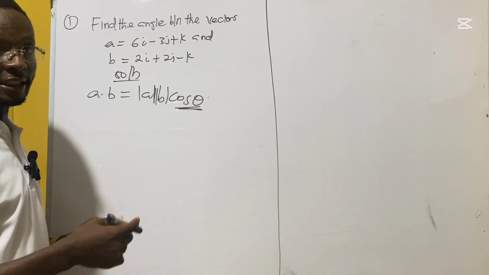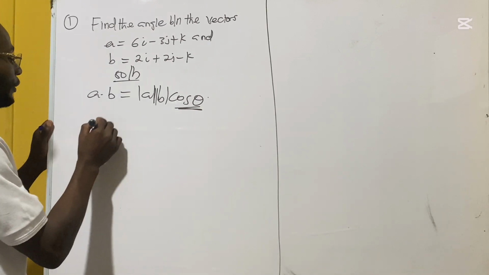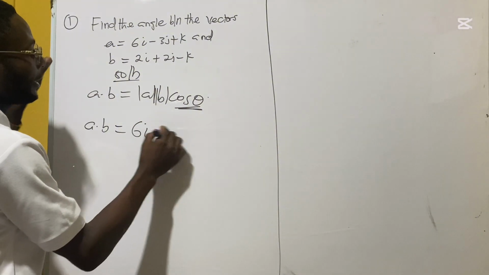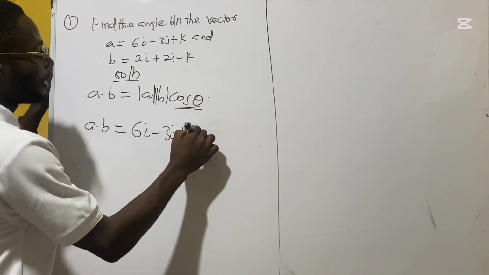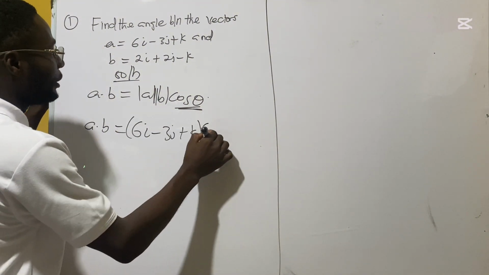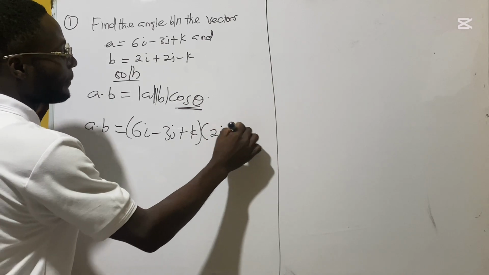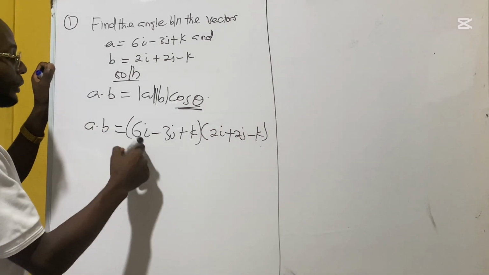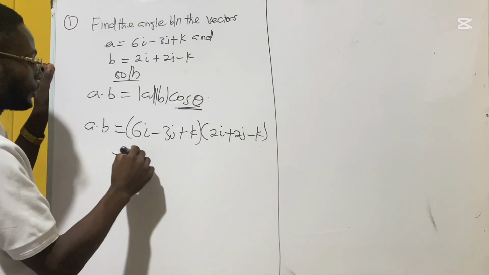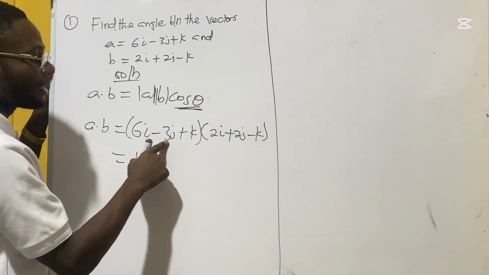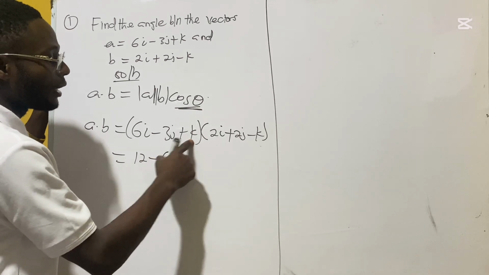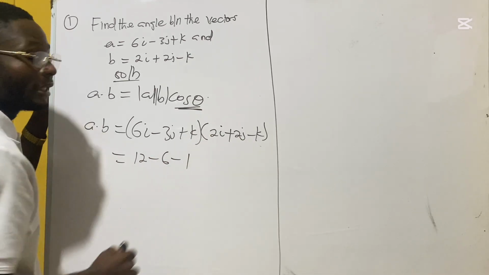Now, let's begin. A dot B will be equal to, we have A to be 6i minus 3j plus k, and B to be 2i plus 2j minus k, right? So 6 times 2 is 12, minus 3 times 2 is minus 6, then 1 times minus 1 becomes negative 1.